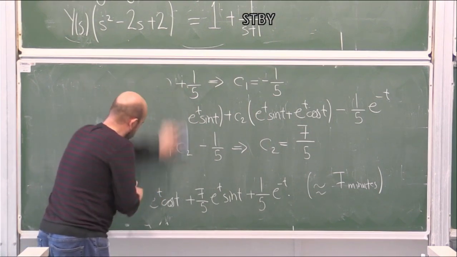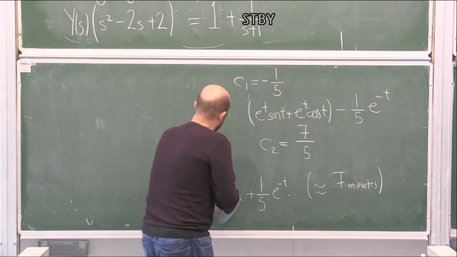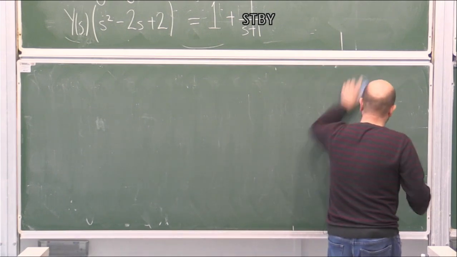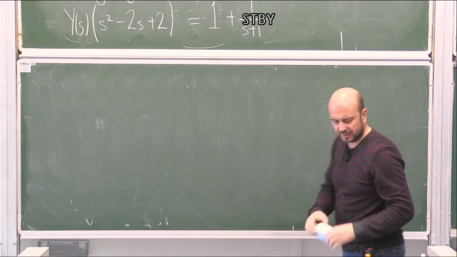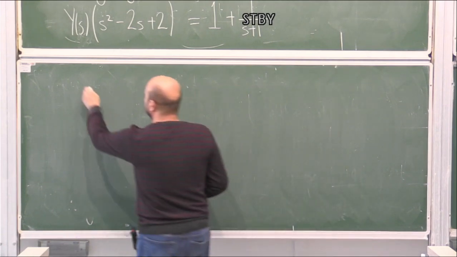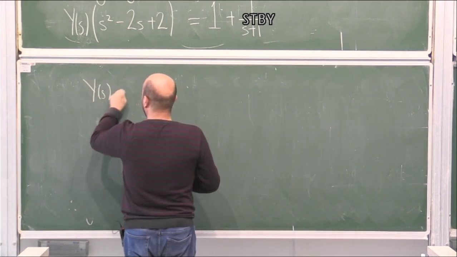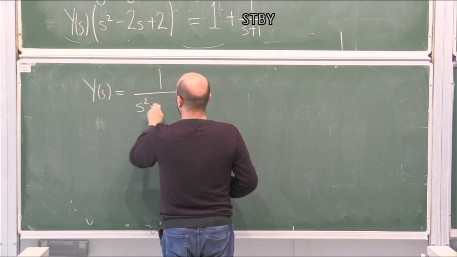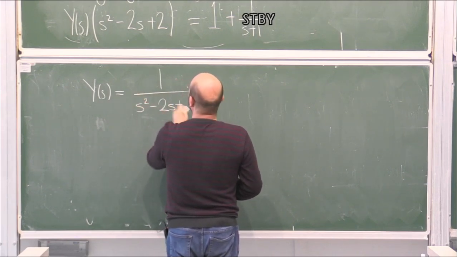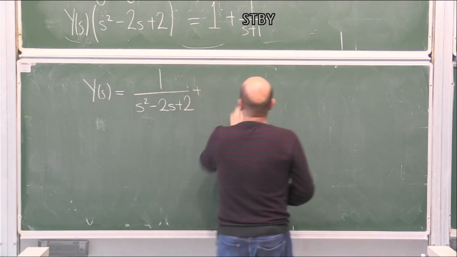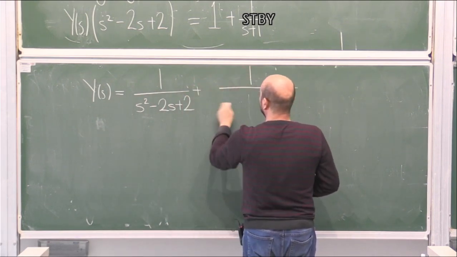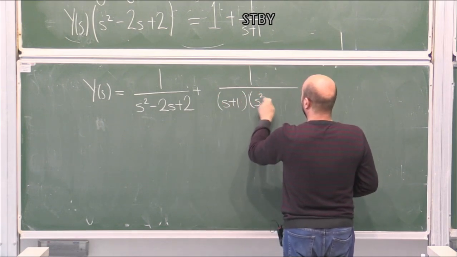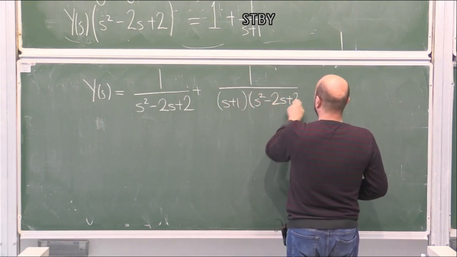Y of s is equal to 1 over s squared minus 2s plus 2 plus 1 over s plus 1 times s squared minus 2s plus 2.